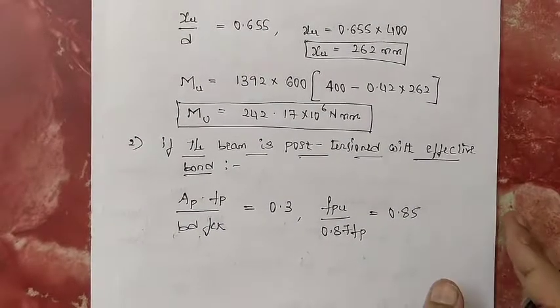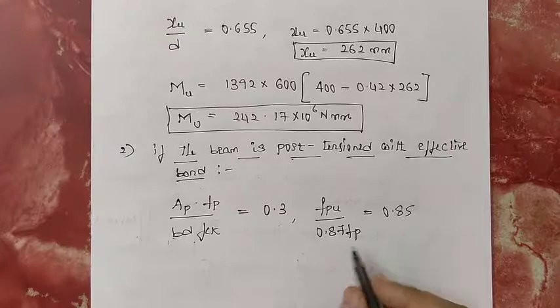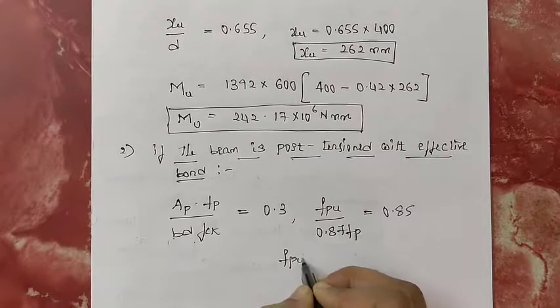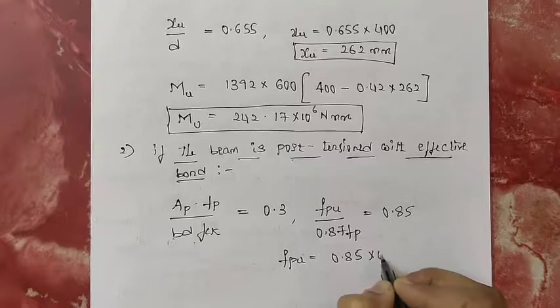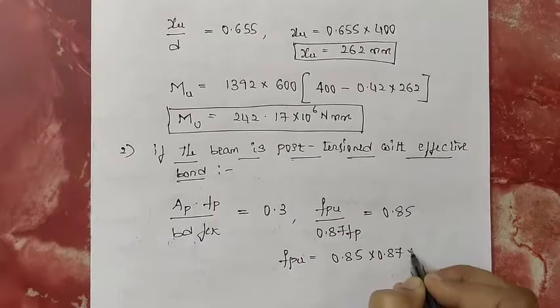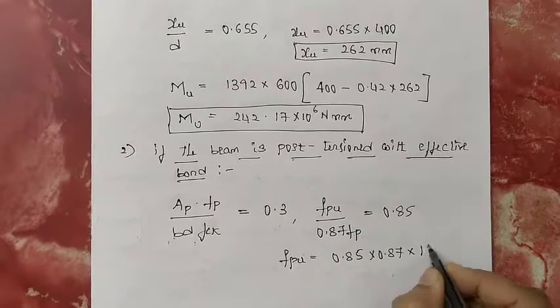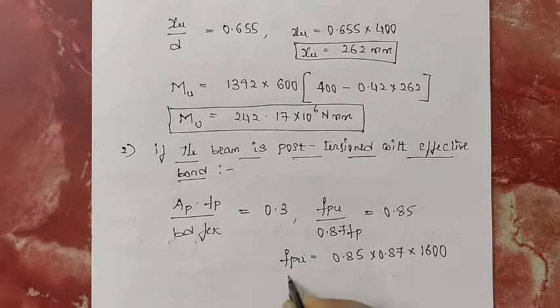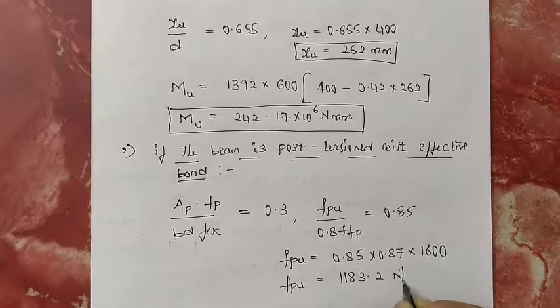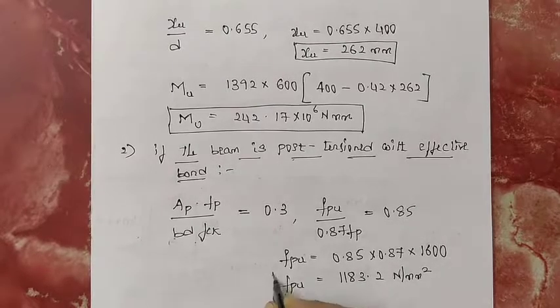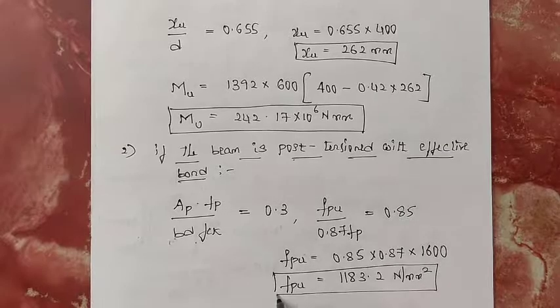Then calculate the FPU value. FPU equals 0.85 into 0.87 multiplied by the FP value, 1600. Then you will get FPU as 1183.2 Newton per mm square. This is your FPU value.